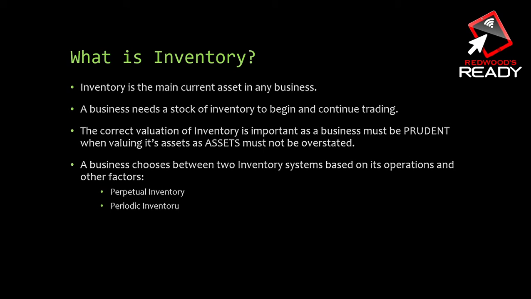And the periodic inventory system is the one, a short section you did last year, where we use the purchases account and the trading account. We need to touch on those two systems a little bit, because when you're answering questions on inventory valuation in your exams, you often have to know the difference between perpetual and periodic inventory for theory questions. You also have to know the advantages and the disadvantages between these two systems.